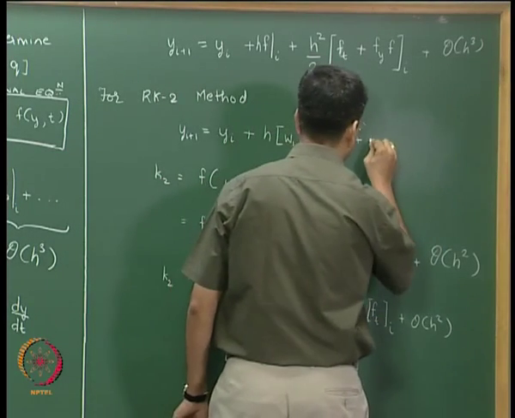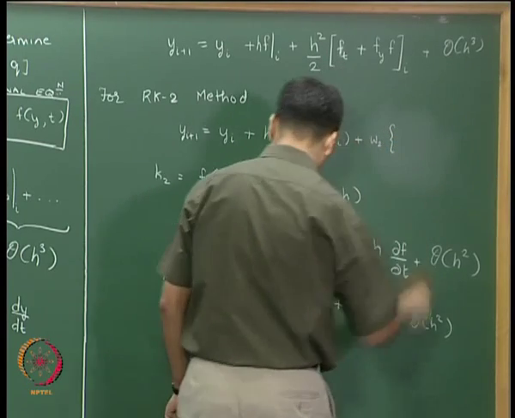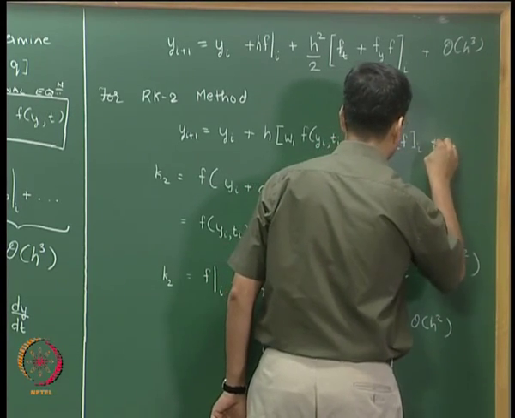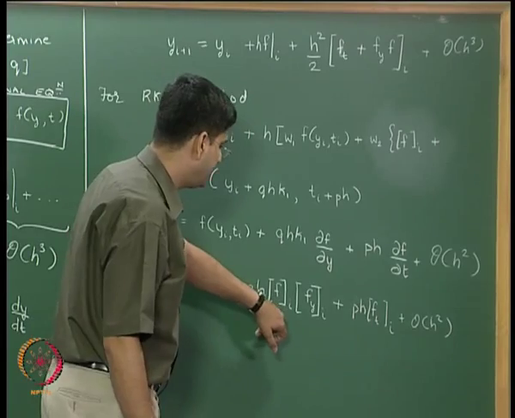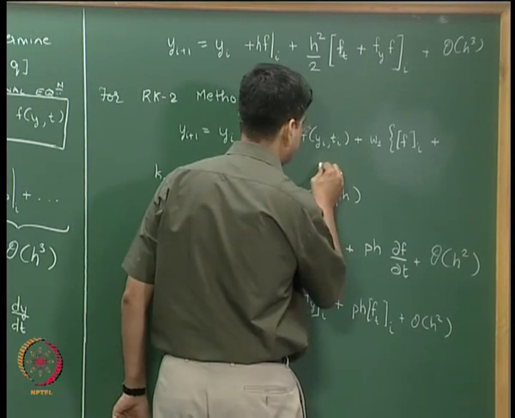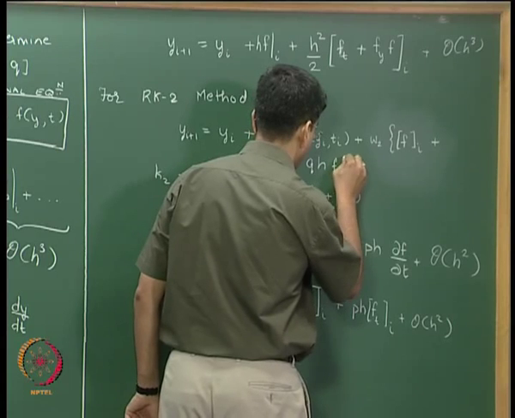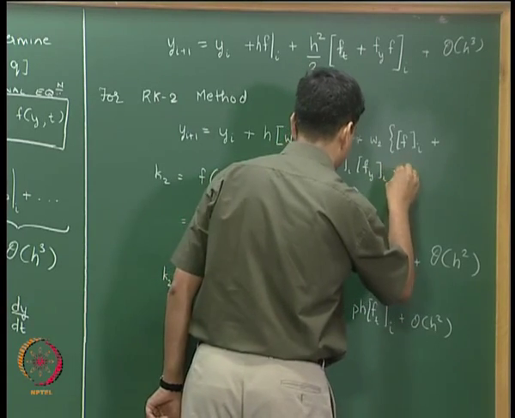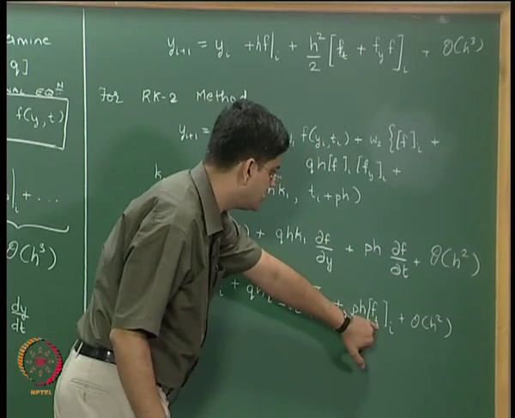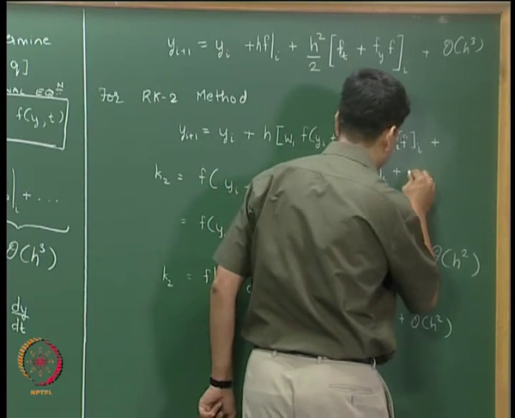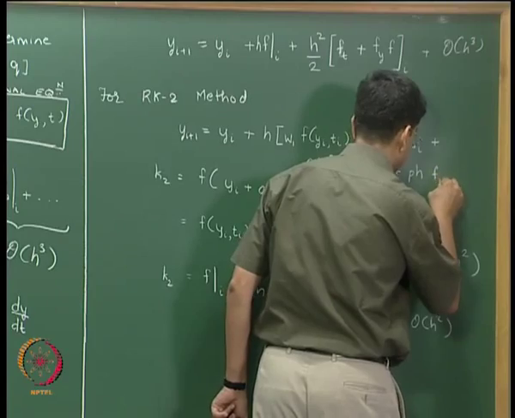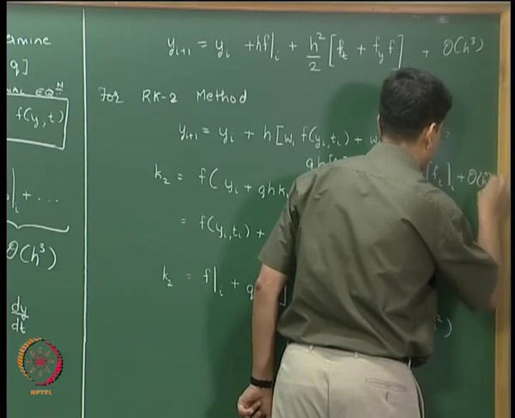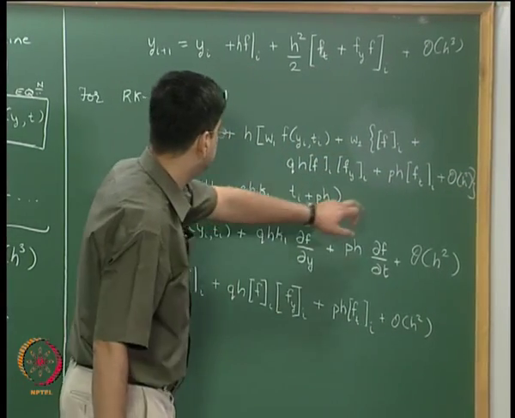So, it is going to be W2 multiplied by f computed at I plus q h multiplied by f and multiplied by fy, okay, plus ph multiplied by ft at I, okay, plus O of h squared.